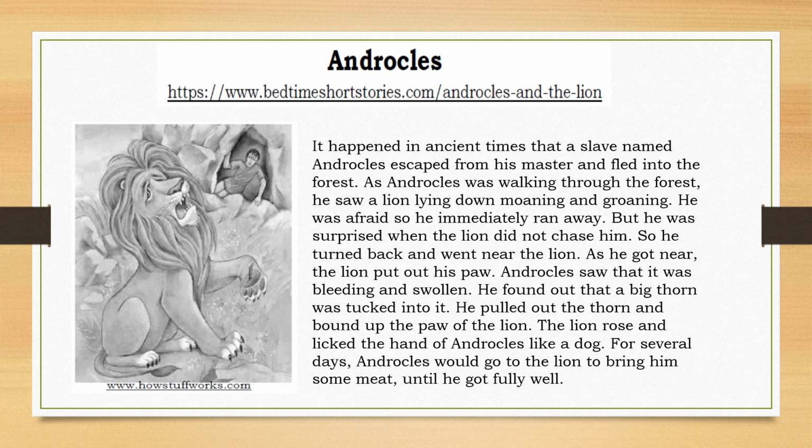Androcles saw that it was bleeding and swollen. He found out that a big thorn was stuck into it. He pulled out the thorn and bound up the paw of the lion. The lion rose and licked the hand of Androcles like a dog. For several days, Androcles would go to the lion to bring him some meat until he got fully well.